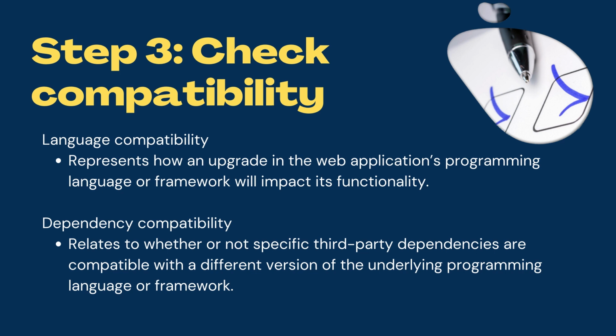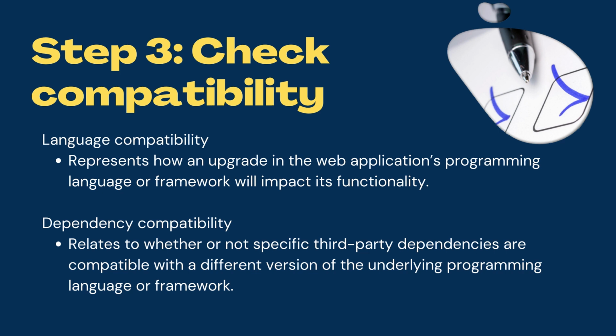Language complexity is how an upgrade in the web application's programming language or framework will impact its functionality. And the next, dependency, relates to whether or not specified third-party dependencies are compatible with a different version of the underlying programming language or framework.